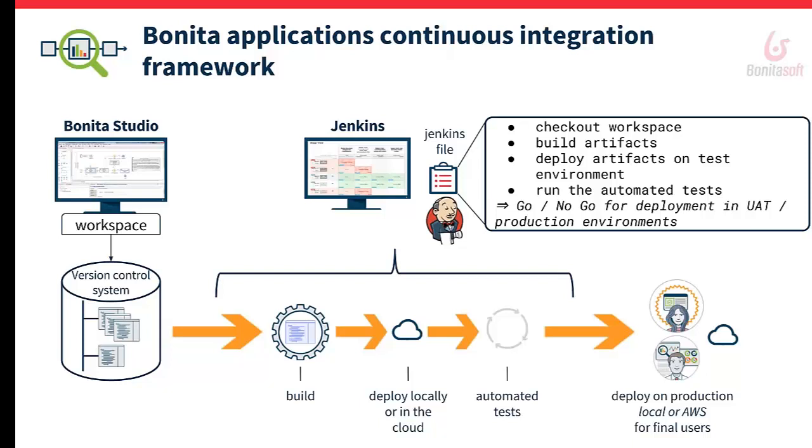And after the deployment, it can automate the process execution to do some tests, like if we reach the expected step, that the data have been correctly updated, a whole bunch of tests like that. And if all the tests are green, are correct, are successful, it will actually archive the artifact, and they will be ready for deployment.